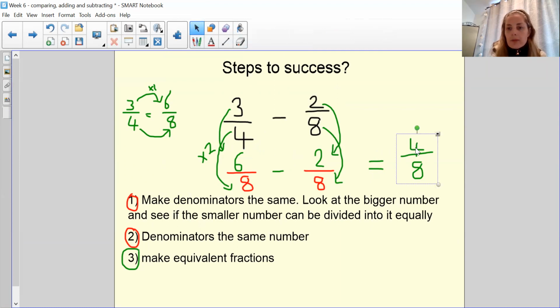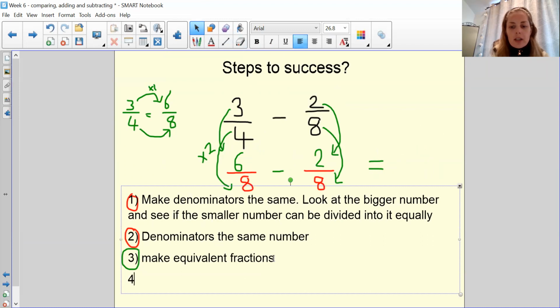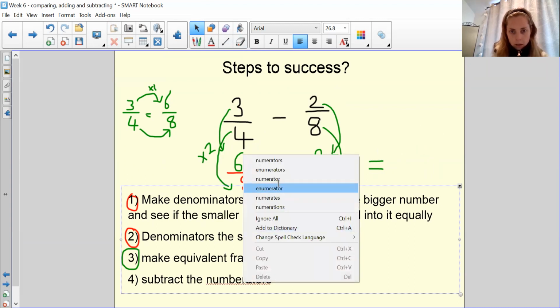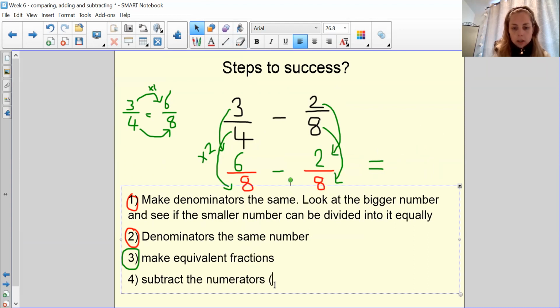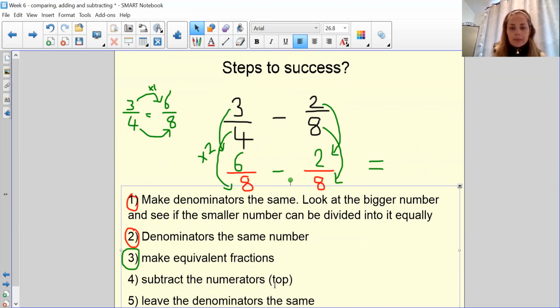So actually, let's make that a different color. So once you've made your equivalent fractions, you're then going to subtract the numerators, which is the top number, okay? And then the very final step is leave the bottom, let's write the correct term, denominators the same.